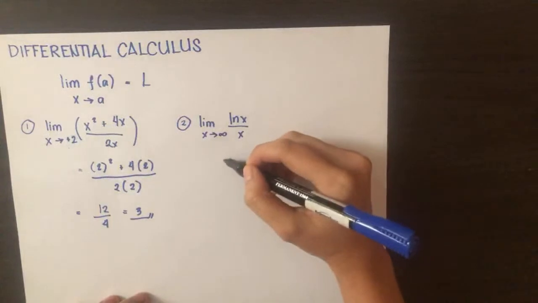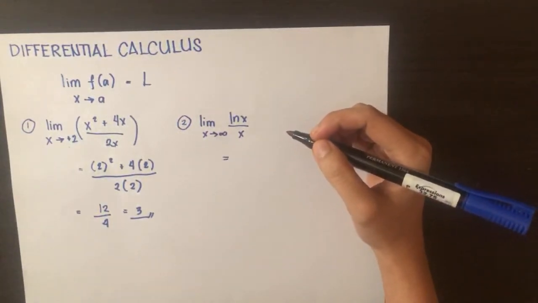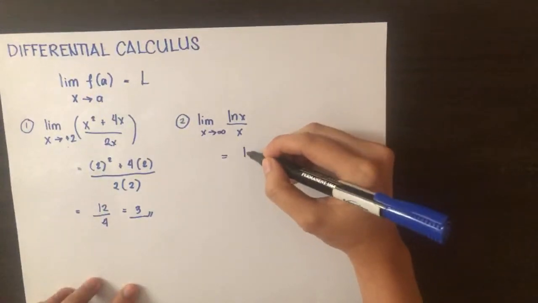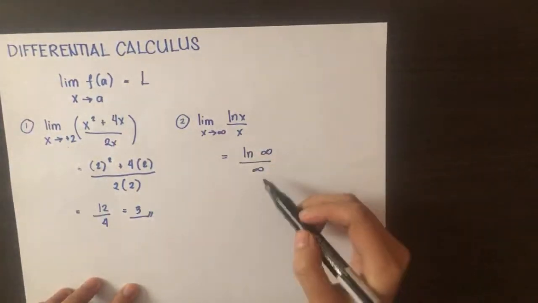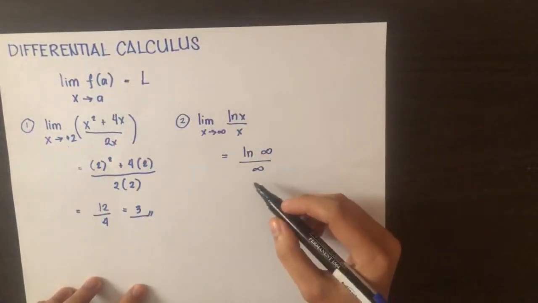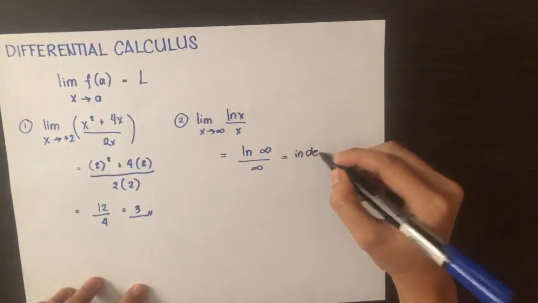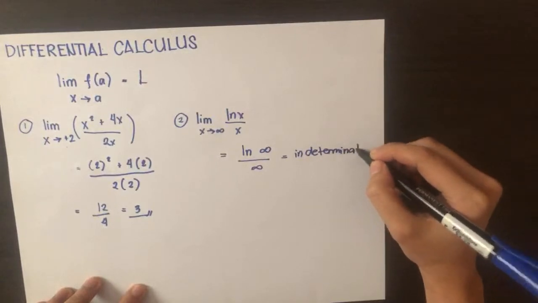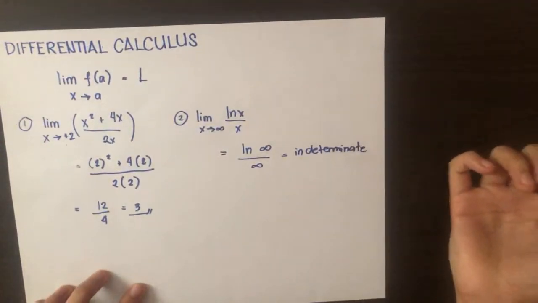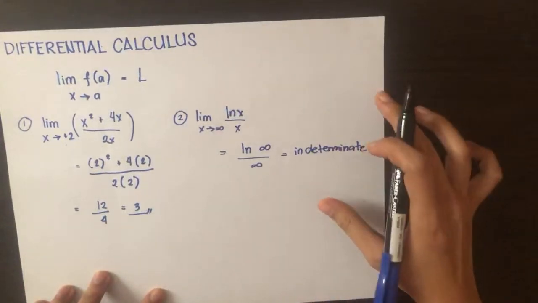So, substituting infinity, we have ln of infinity over infinity. Pag ganyan na over infinite, indeterminate yan. Ibig sabihin, hindi natin siya madedetermine kung ano yung limit ng function na to.